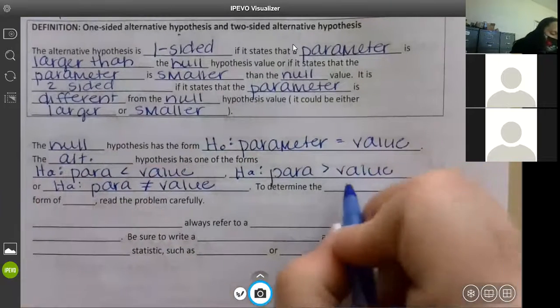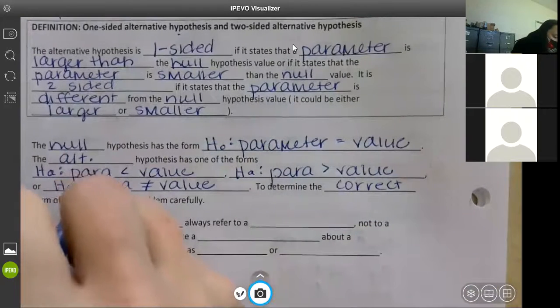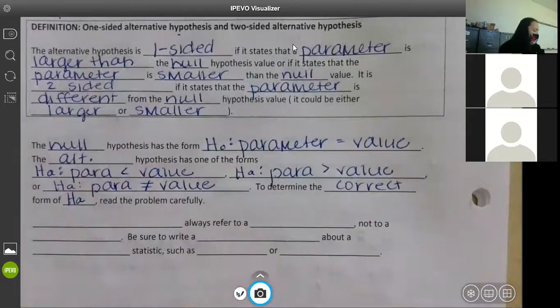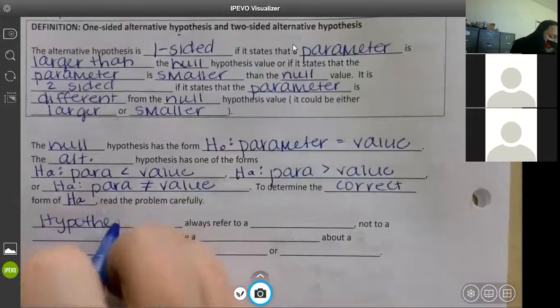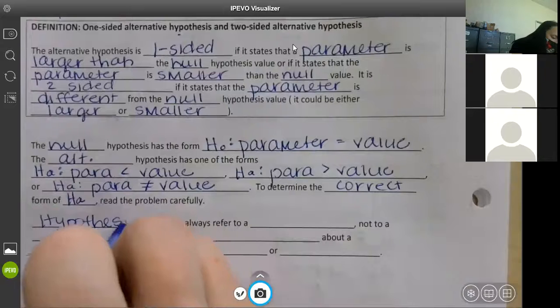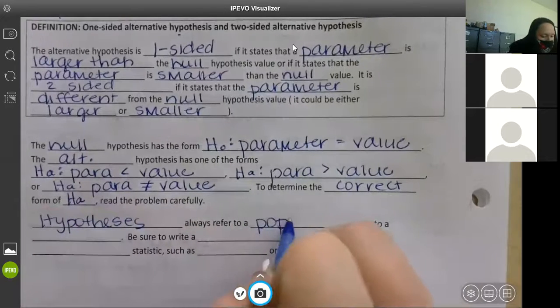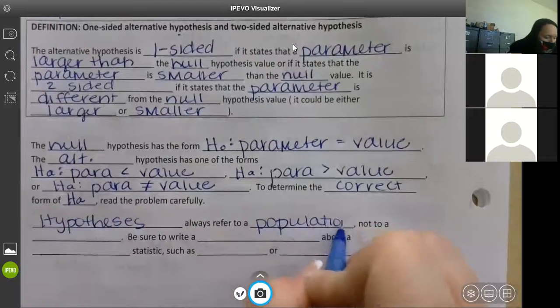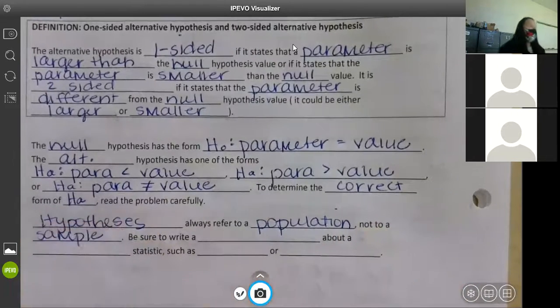To determine the correct form of your alternate, read the problem carefully and stay on this page after I finish this. Hypotheses always refer to a population and not a sample. So it's always going to be mu or p, not p hat, not x bar. That's all it's telling you.